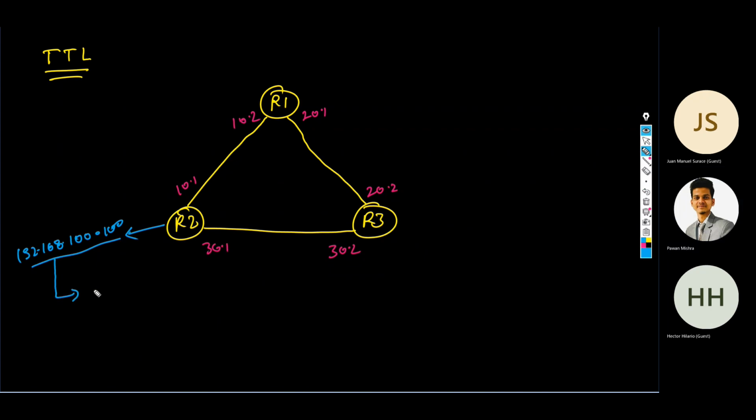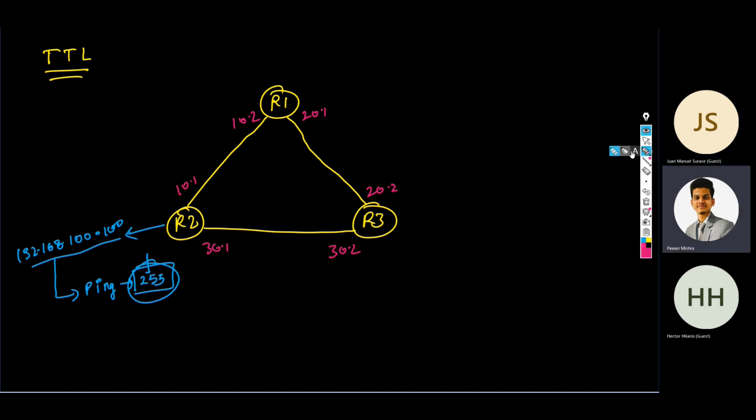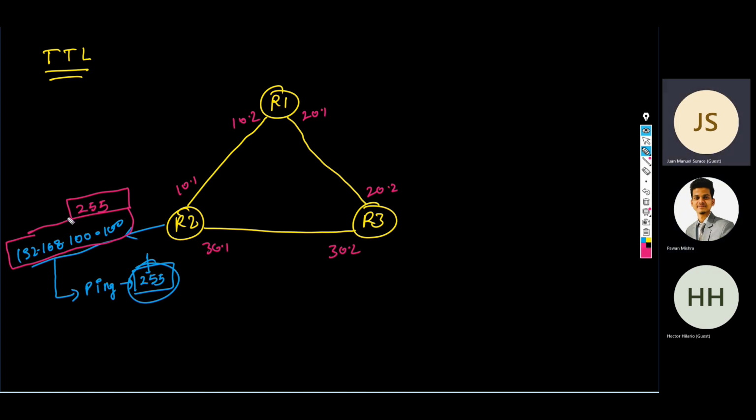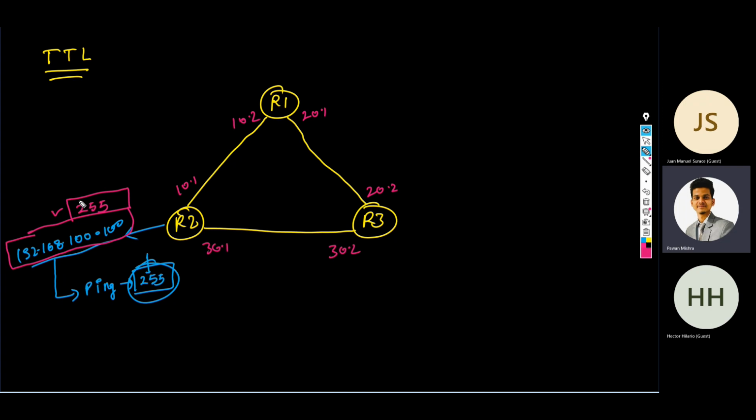Cisco will say, whenever we are sending any ping packet, inside that packet by default the TTL value will be what? 255. By default, the TTL value is 255. Previously, in the previous topology, we didn't have any TTL, but nowadays Cisco will add the TTL.